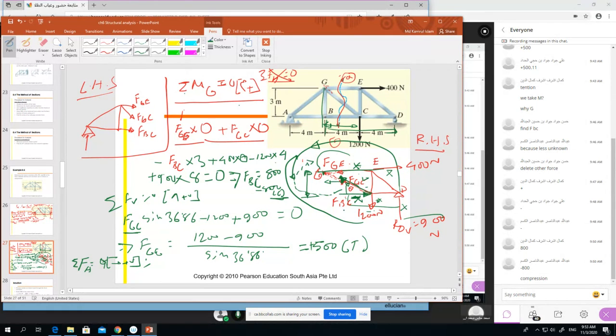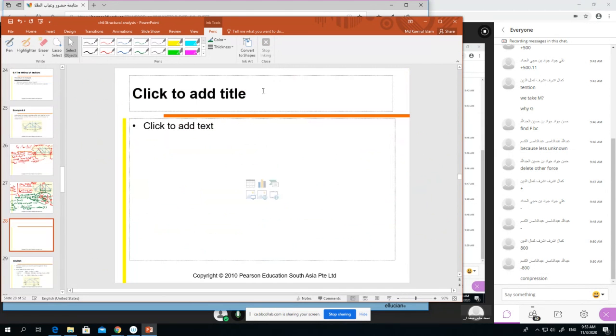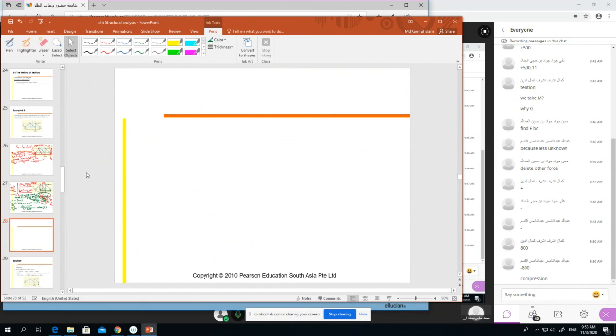So BC equals... I think our picture has become clumsy, so I will make a new and detailed picture. So what is the detail? Here it will be like this.